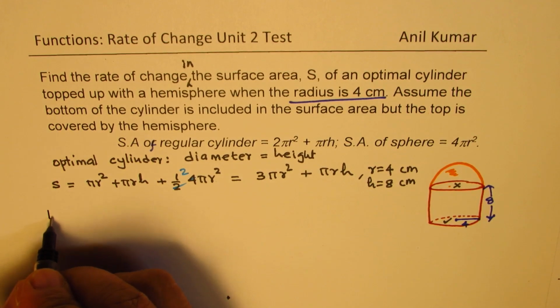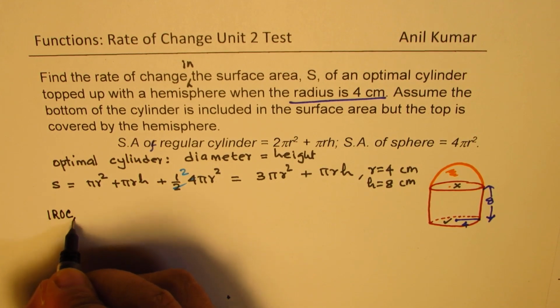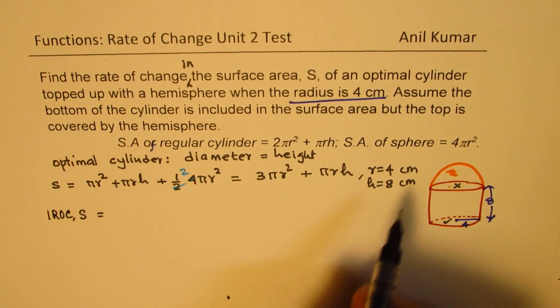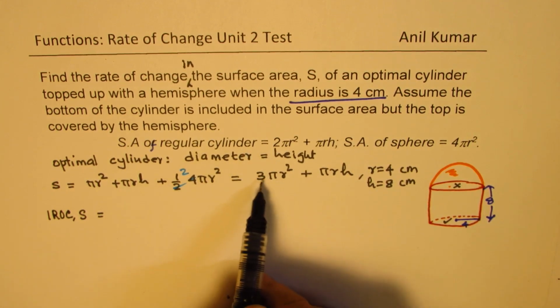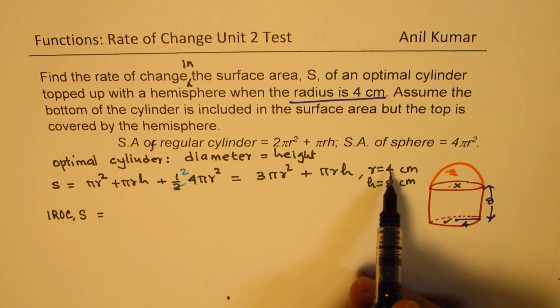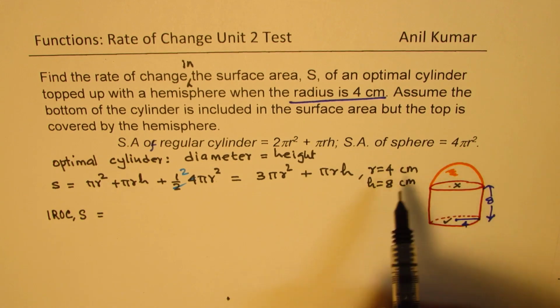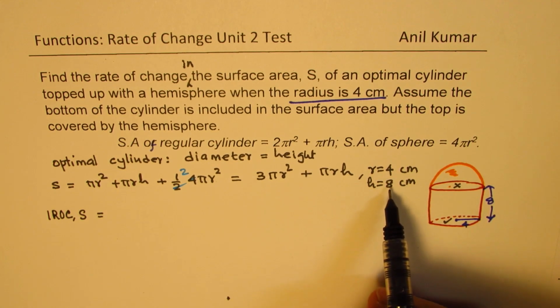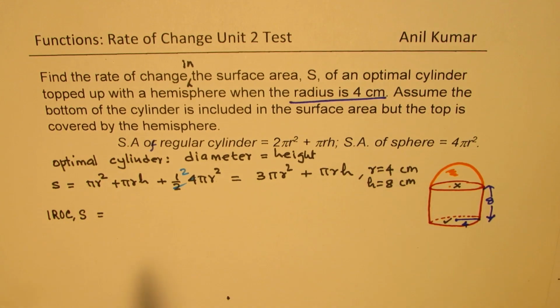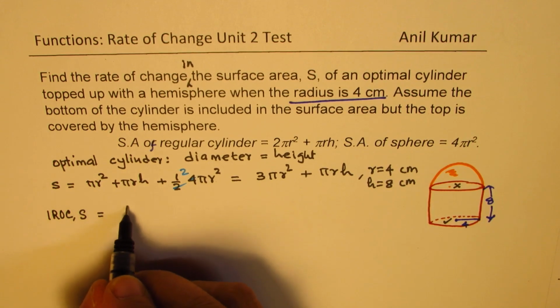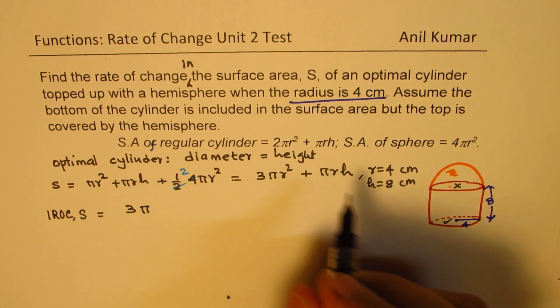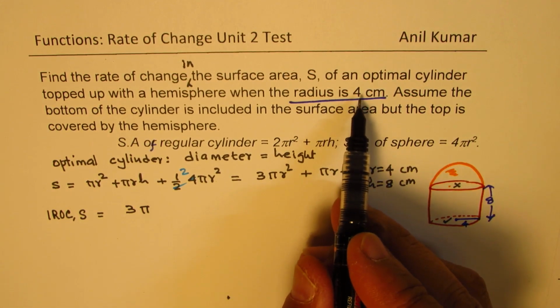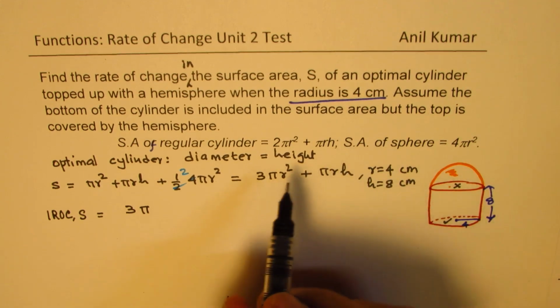So we'll have the instantaneous rate of change of S as equal to. In this particular formula, we'll use the value of r as 4 and we can write h as 8, which is twice r. So we have 3 times pi. We'll take the values 4 and 4.01. Okay, we'll keep it simple.